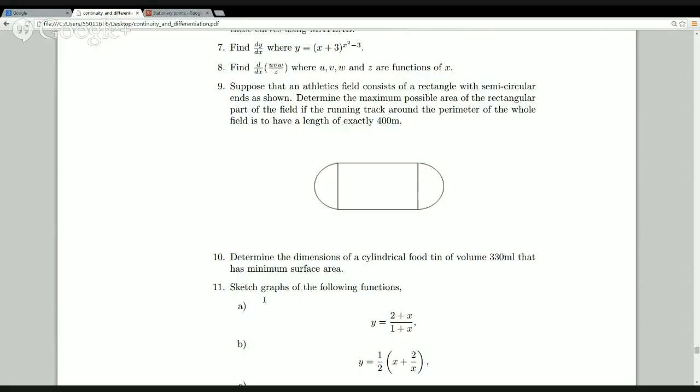And the other measurement that's going to define the tin is its height. So it's got a certain height h and a radius r. So we'll consider the cylindrical tin of height h and radius r.